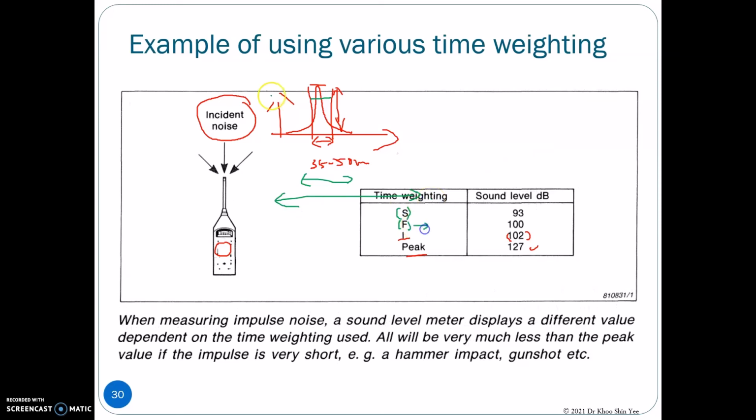Imagine the fast mode takes the averaging within 0.125 seconds, while the slow mode takes the time averaging within 1 second. So from here you can estimate the sound level will be reduced for the F mode and also the slower mode.